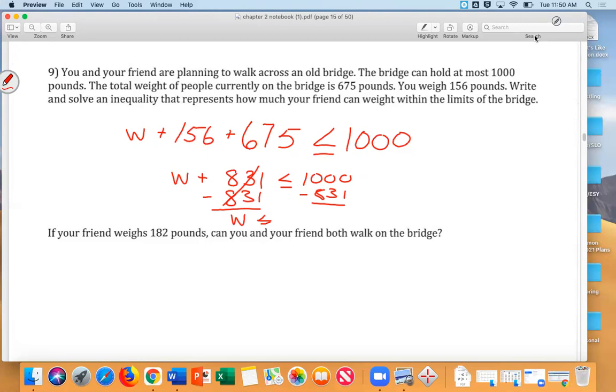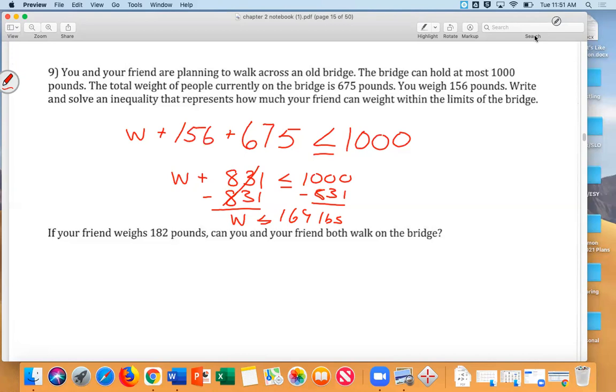It's 169. Okay, it's actually going to be positive because people can't weigh negative. So it's going to be 169 pounds.